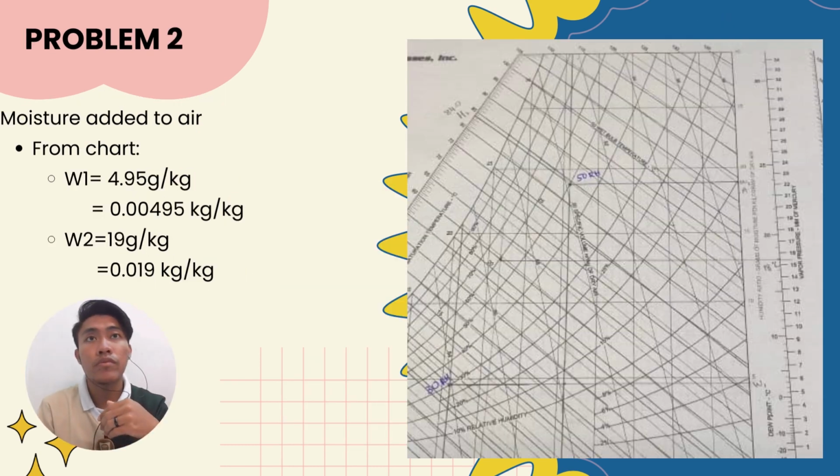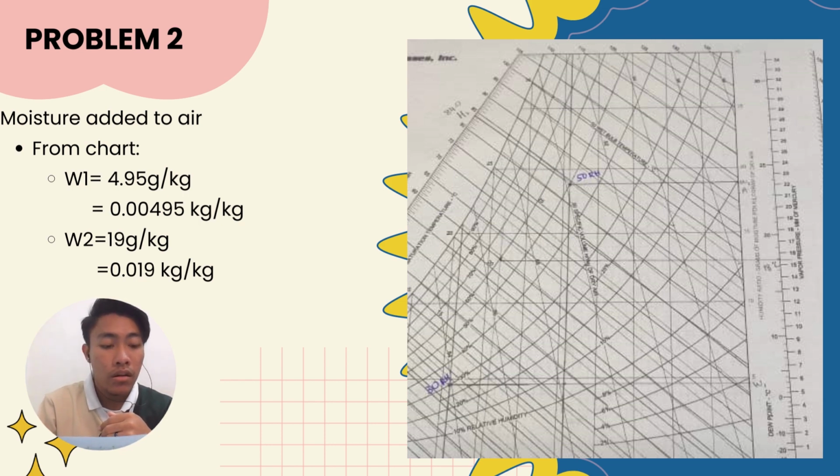Next, we want to find out the moisture added to the air, which we label as W1 and W2. Both values we can get from the psychrometric chart. At the intersection of T1 and 30% relative humidity, we make a horizontal line until it touches the humidity ratio axis, which we label as W1.